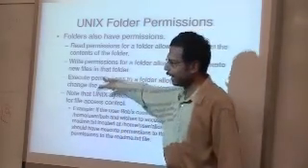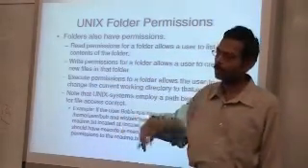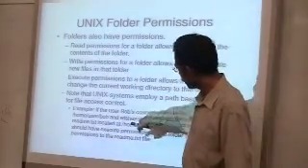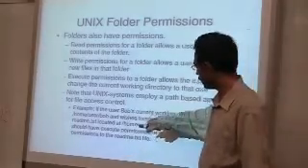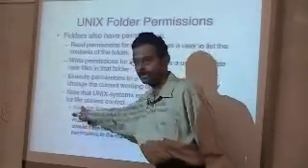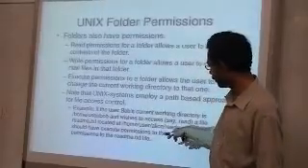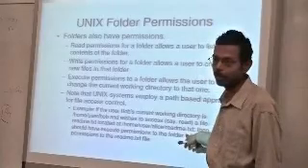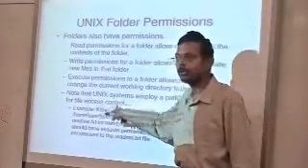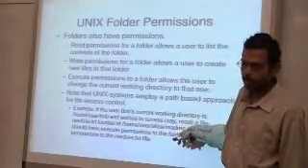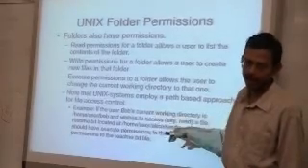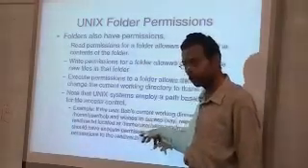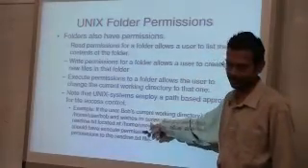If you have execute permission for a folder, you could traverse that folder. For example, there is a user Bob working from this directory, and a user Alice in this directory, and she has a file named readme.txt. Bob wants to read that file. In order to read a file located in a different directory, Bob has to have the execute permission on the folder called Alice.